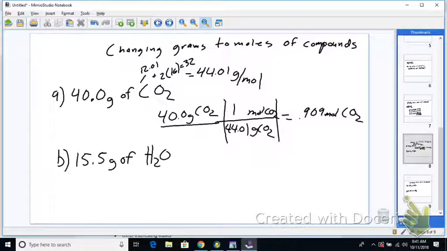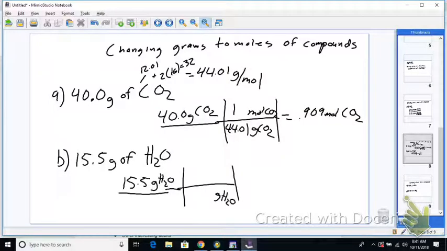So then all you're doing is you're taking 15.5 grams of H2O. And then down here you got grams of H2O, and up here you got moles of H2O. So this would be 18.02 to 1 mole. And then you got your answer. Make sense?